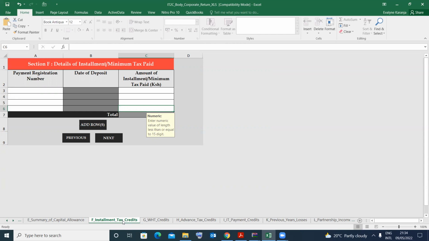Ukifika hapa unaweka ile payment registration number, unaweka the date you deposit and the amount paid. So hii ukishaweka inaenda kudeduct at the end of the period, it will deduct the amount. If you are supposed to pay a tax of 40,000, now you pay less because you have already paid. Are we together there?